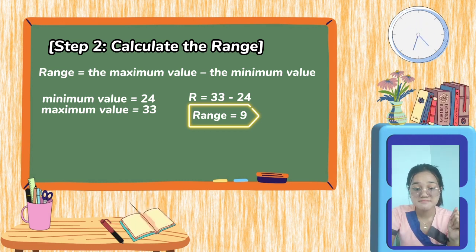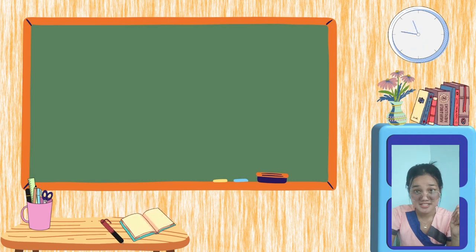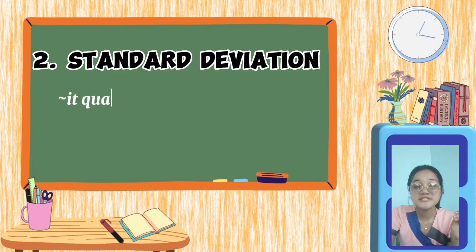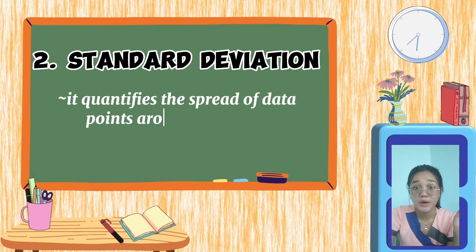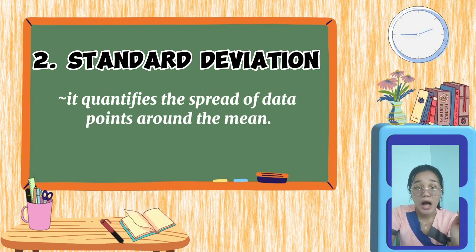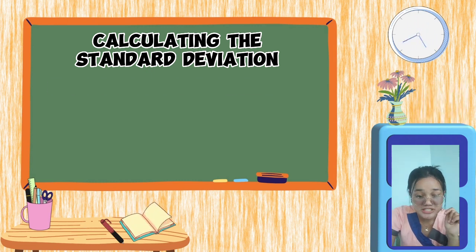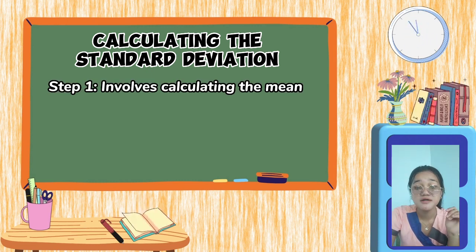Now, the next measure we will discuss is the standard deviation. The standard deviation quantifies the spread of data points around the mean. To calculate it, we will follow a few steps. Step 1 involves calculating the mean.